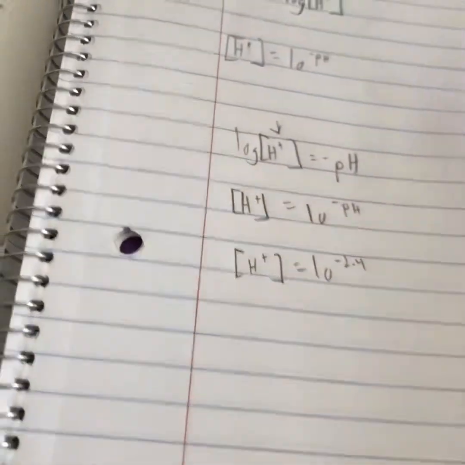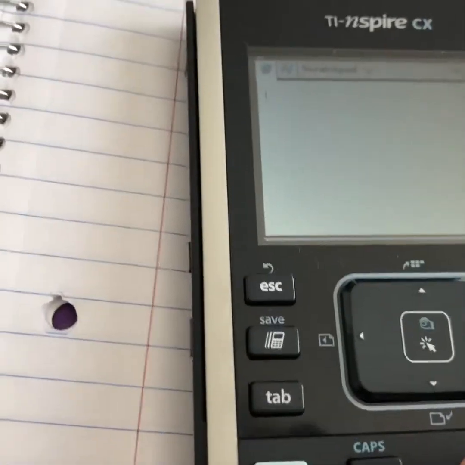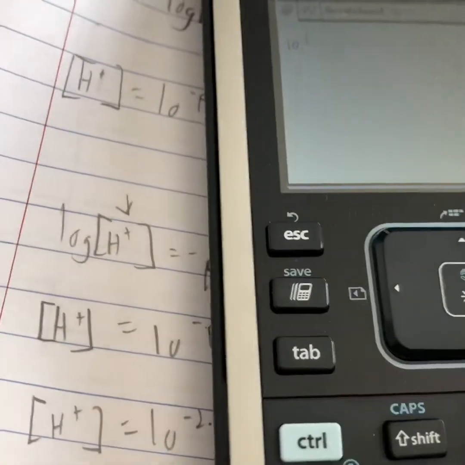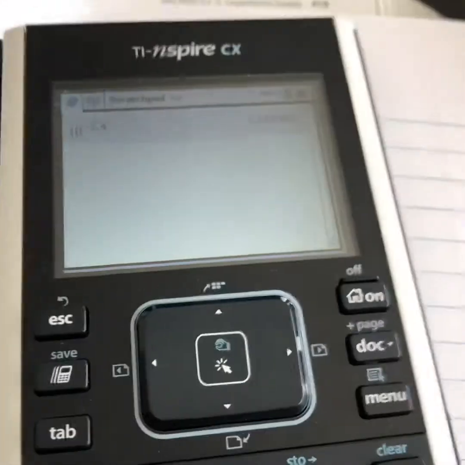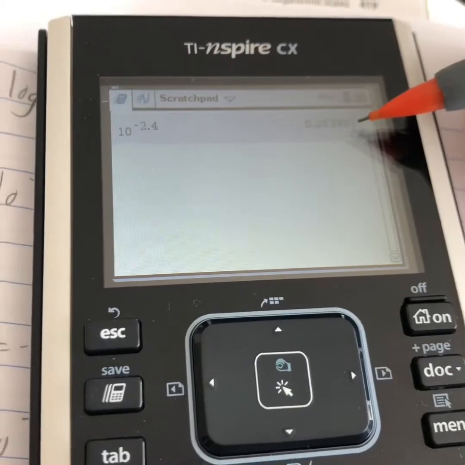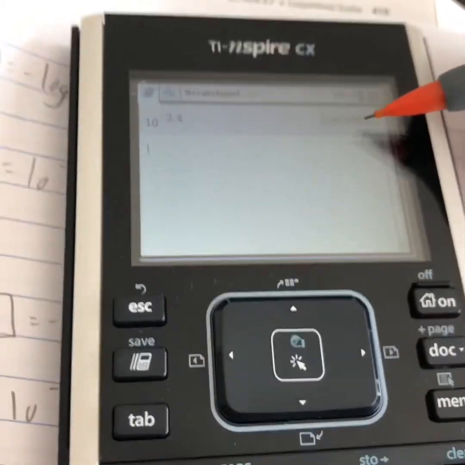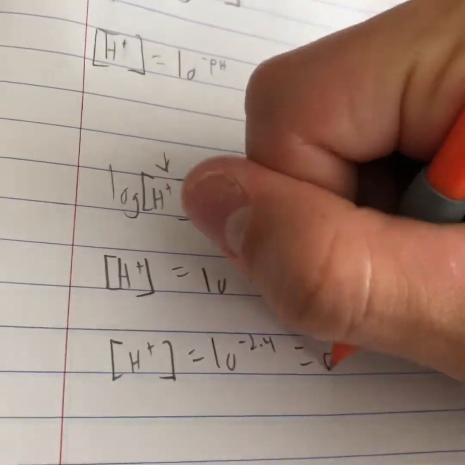And whenever you put that in your calculator, which I will do right now, 10 to the negative 2.4, it gives us 0.00398, which we can round to 0.004, and that is our answer.